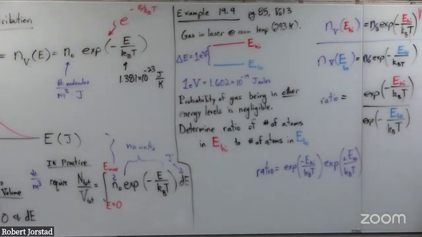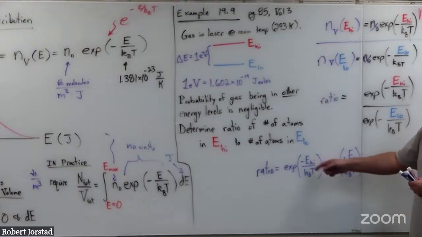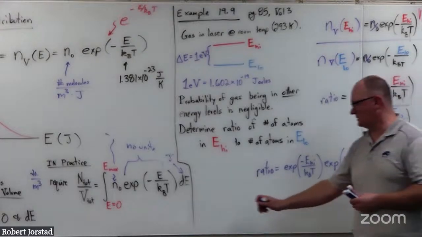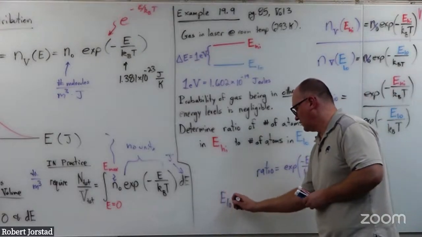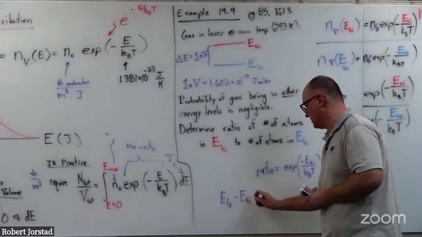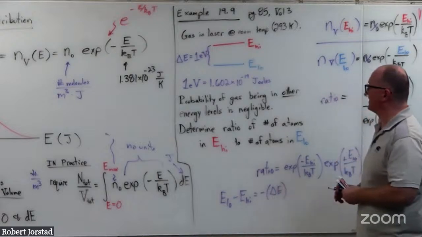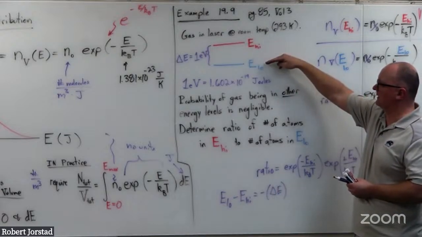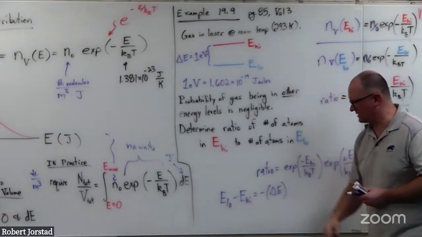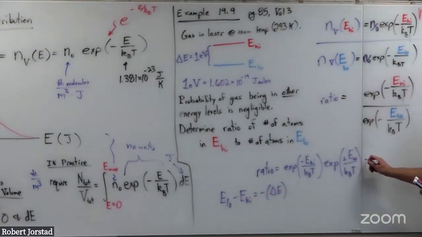And now, from experience, we can combine these two exponents, and rather than say E low minus E high, I'm going to use the fact that E low minus E high, when I combine the exponents, is equal to negative delta E. Think about that. Negative of E high minus E low gives me this result. So notice the ratio is exp negative delta E over K Boltzmann T.